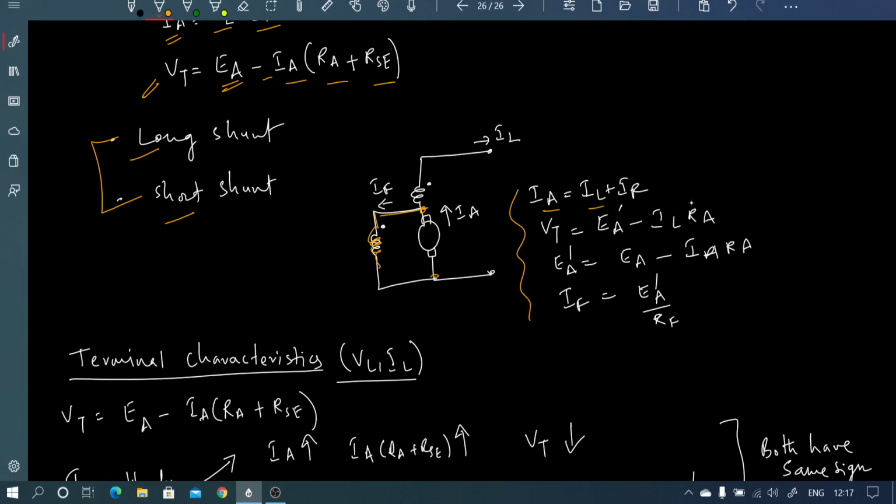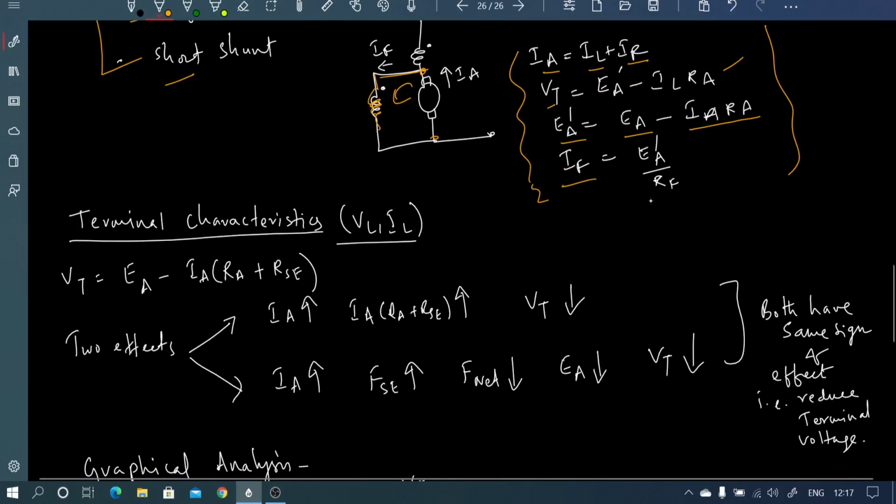IA is equal to IL plus IF, and VT is equal to EA prime minus IL into RA, and EA prime is equal to EA minus IA RA, and IF is now EA prime by RF. Okay, now we are talking only about long shunt.